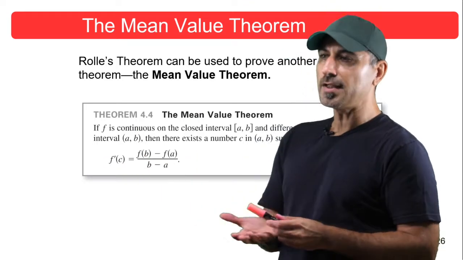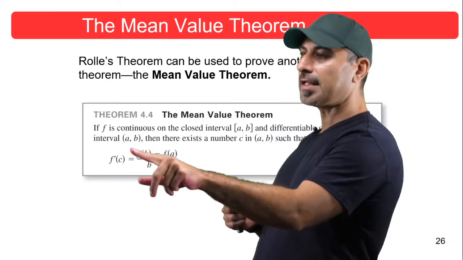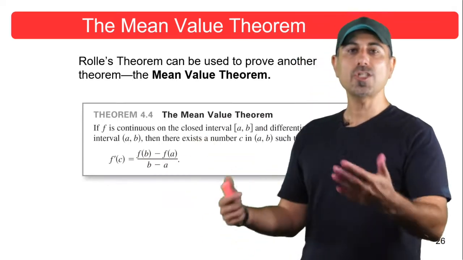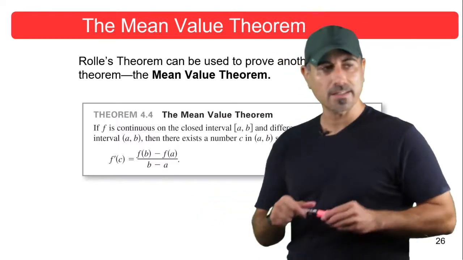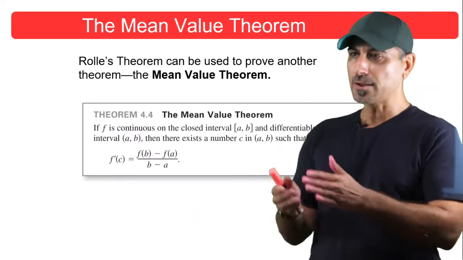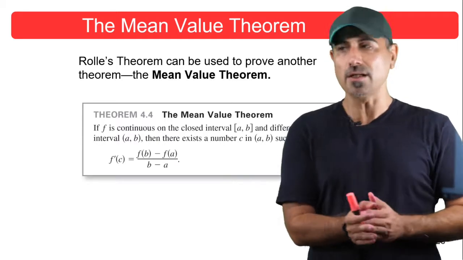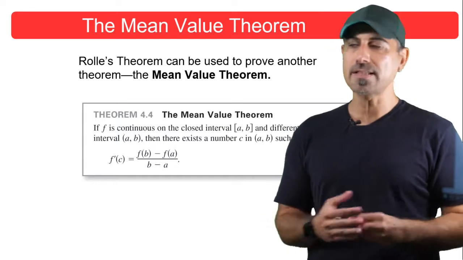So the secant line doesn't need to be horizontal. And whatever slope the secant line has can be achieved at an interior point c. So that's why I said the mean value theorem is the most general case, and Rolle's theorem is a special case of that, where we are trying to look for a horizontal tangent line.